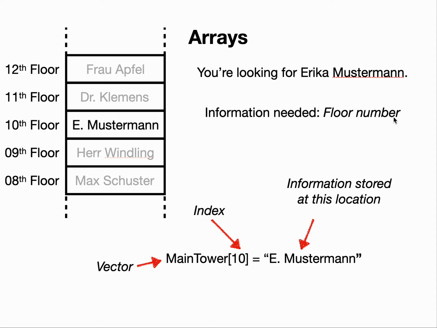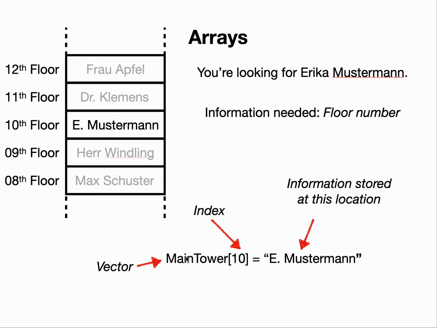In terms of pseudocode, it will look like this. This will be one array that contains different pieces of information, different names of persons, and we will call it the mine tower. This mine tower has different floors with different pieces of information, and to access this information we will use the index.